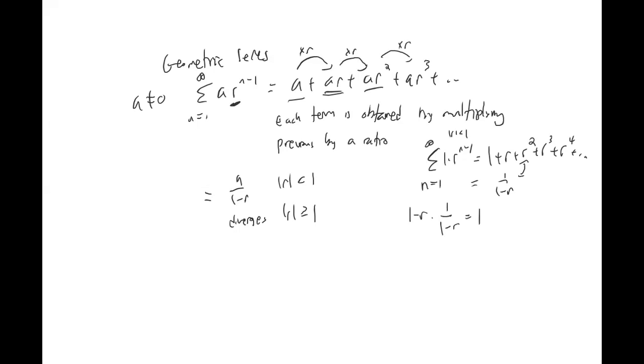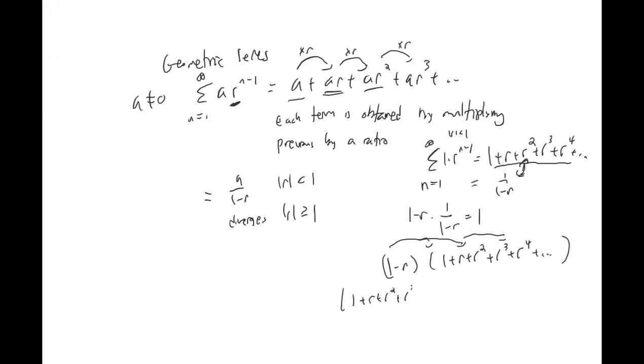So if these two are the same, if I multiply this sum by 1 minus r, I should get 1. And sure enough, you do. If I FOIL the 1 to every term, I get this, an infinite sum.